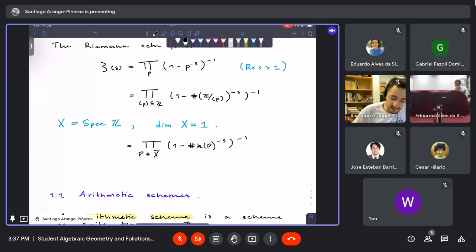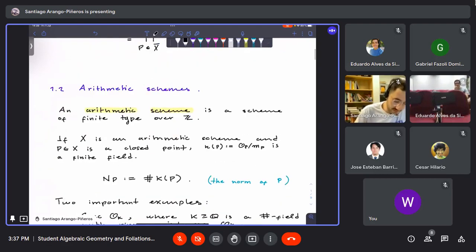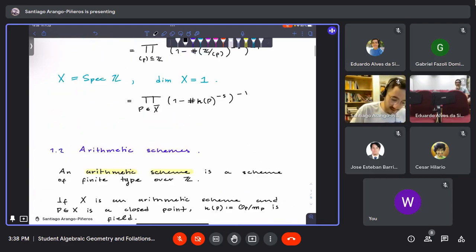For what kind of schemes can I do the same thing? It turns out that there's a very general class of schemes for which this definition works. The only thing I need is that for closed points, the residue field is finite.